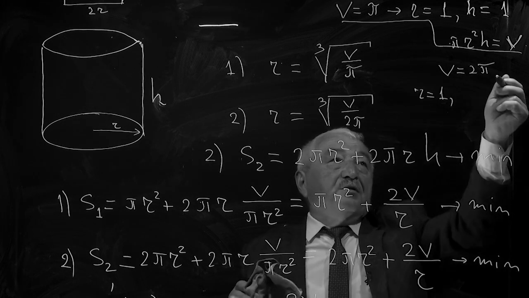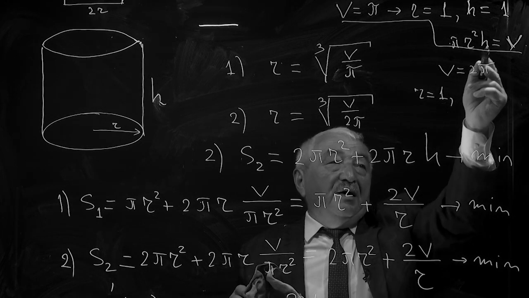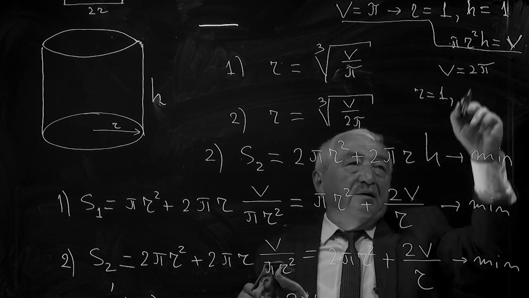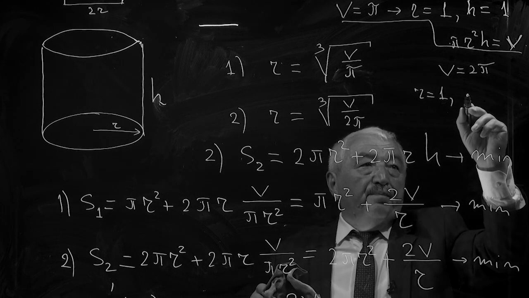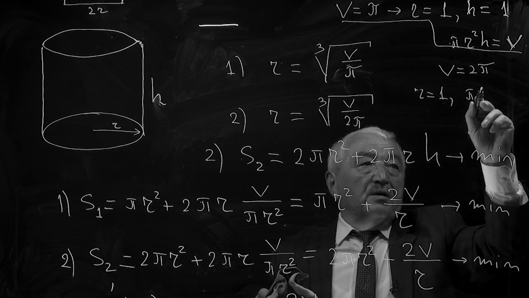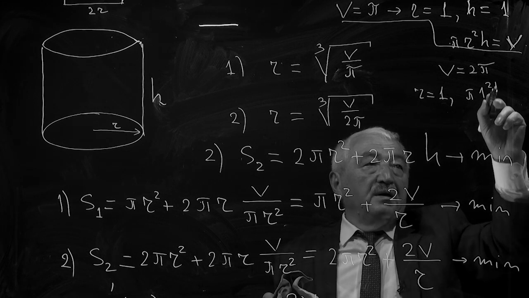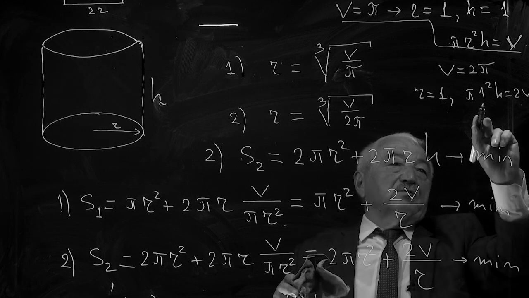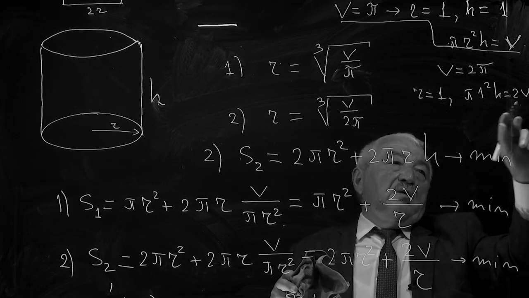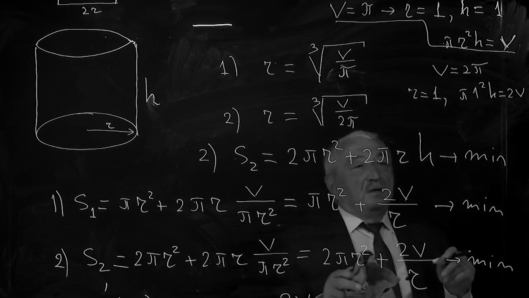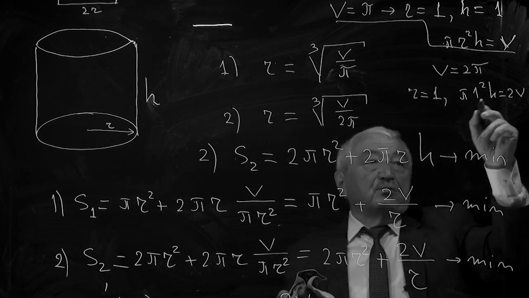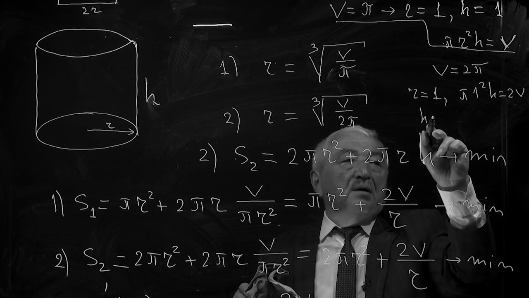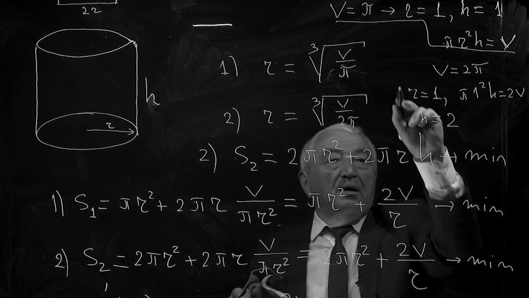And what about H? R is 1, pi times 1 to the second power, H is equal to 2V. In this case, H is equal to 2.